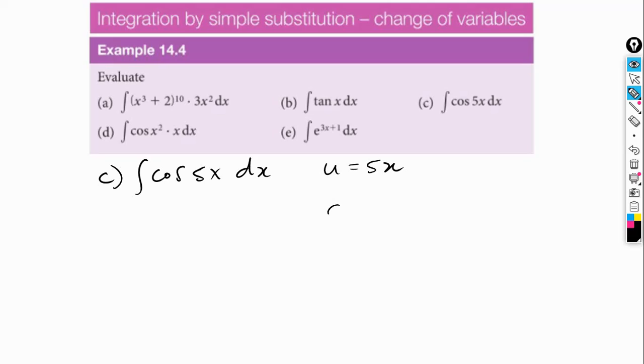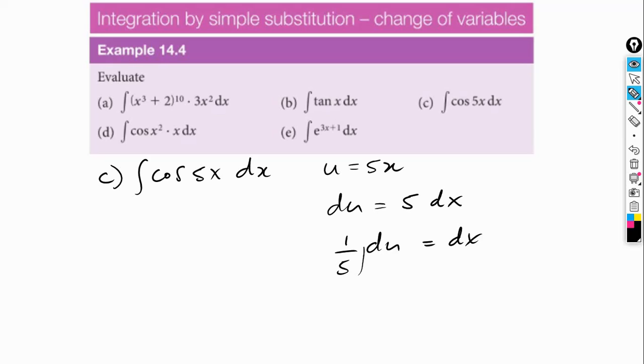And then the derivative of u would have to be equal to 5 dx. So notice that we're missing this, right? For the 5 dx, we only have dx. But this is the same as saying that 1/5 du is equal to dx. So we can substitute dx with 1/5 du.